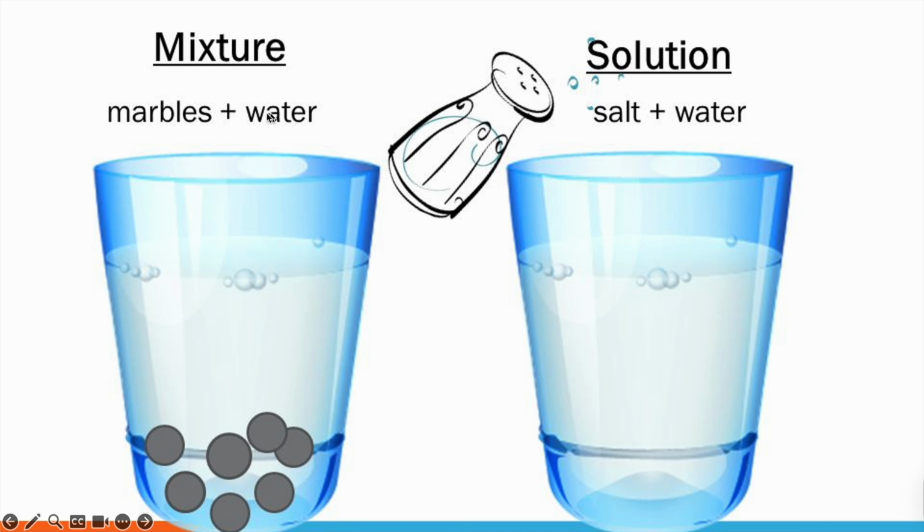The marbles are a component of the mixture, and the water is also a component of the mixture. So we can distinguish the two things. We can tell them apart. Here we have the water and here we have the marbles. And it doesn't have to just be two things. It can be 3, 4, 5, 10, 100 things. Consider something like maybe a salad.